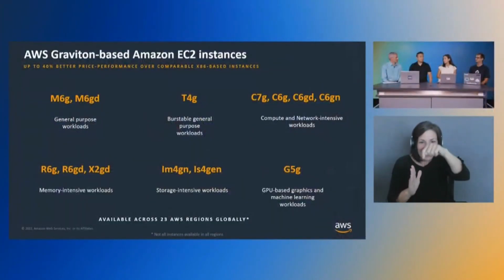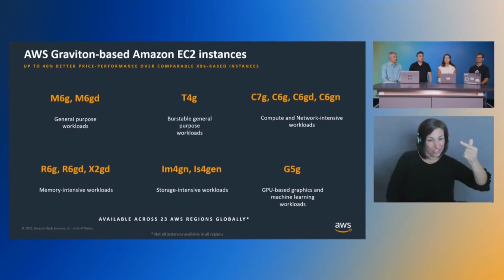Okay, so we talked a little bit about Graviton to get started here. How many instances are there from Graviton? Like how big is our Graviton family? Yeah, so today there are 13 different instance types powered by Graviton. So for general purpose, memory intensive, storage intensive, and accelerated compute workloads, we have the Graviton 2 enabled instances across the M, T, R, I, and G families.